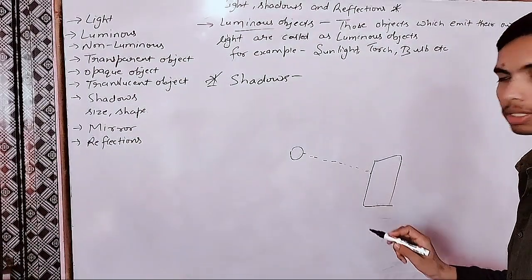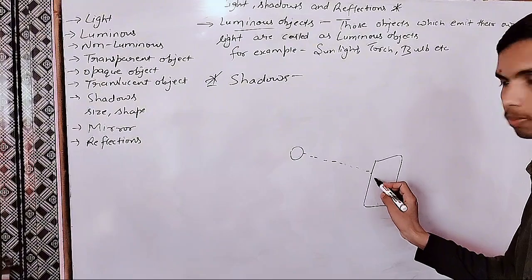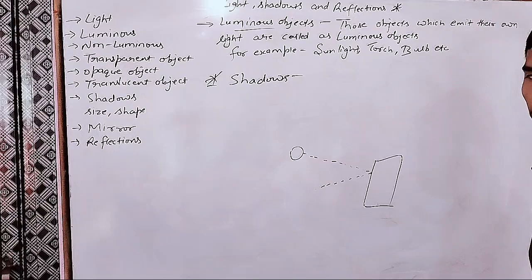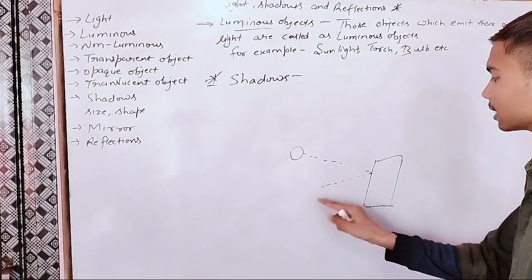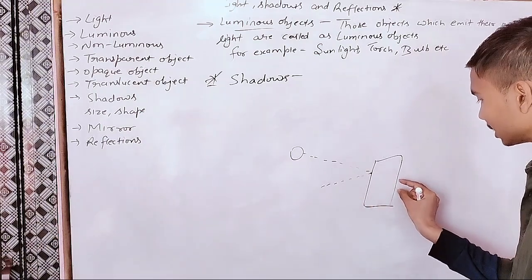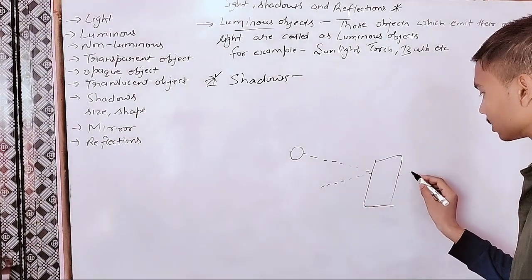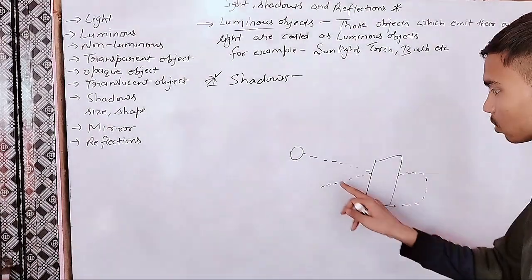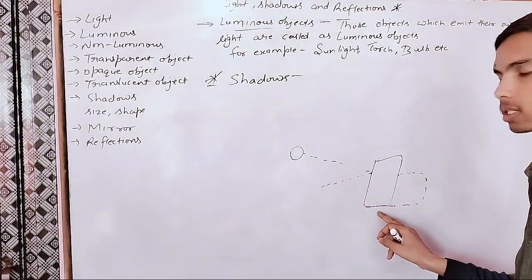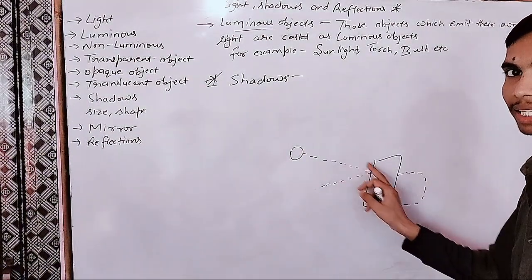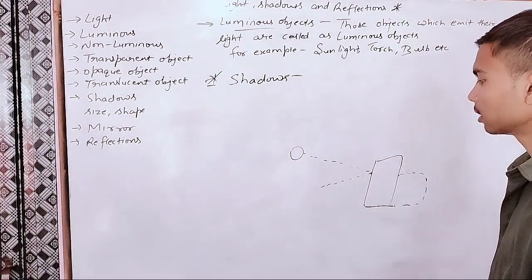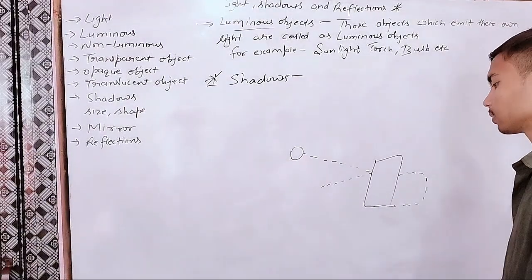The light falling on the surface of this object turns into another direction, which is a reflection of light. That's why we see a shadow behind this object, because light is not passing through it. Rather, light is turning into another direction.